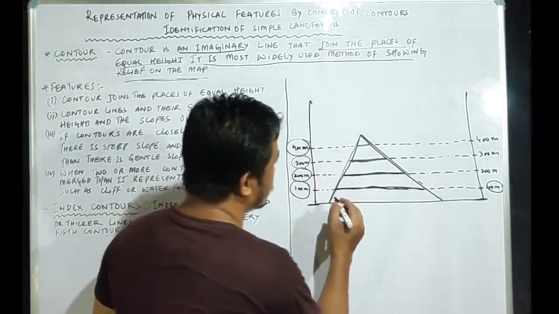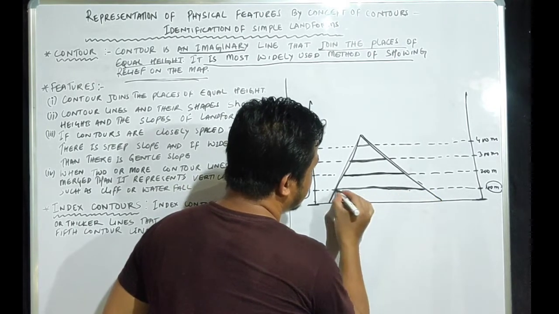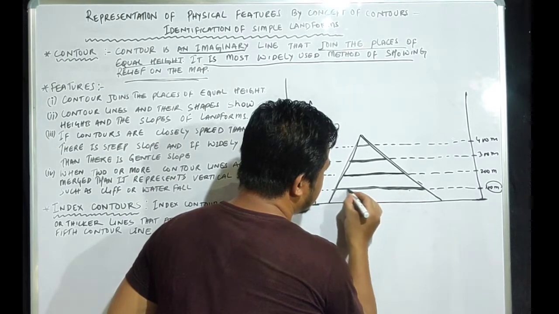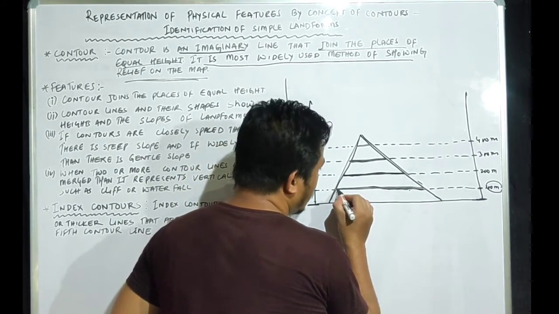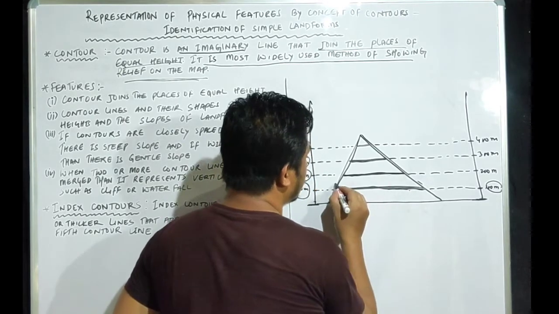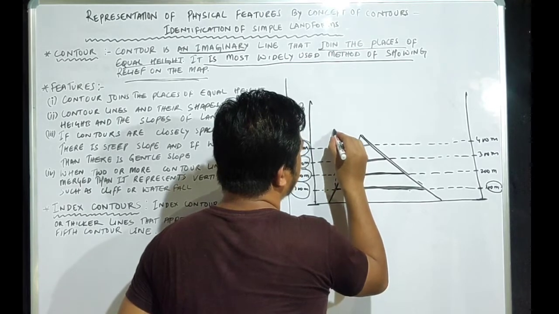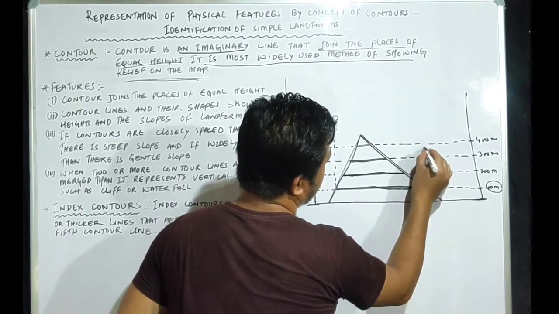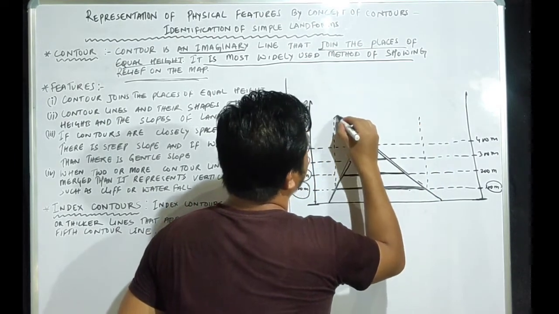So in this way we can show. Suppose we are showing the height of this region, it means the height of these areas on this line. So how will we show it? We will make a straight dotted line here in this way, and similarly from here we will make a dotted line.